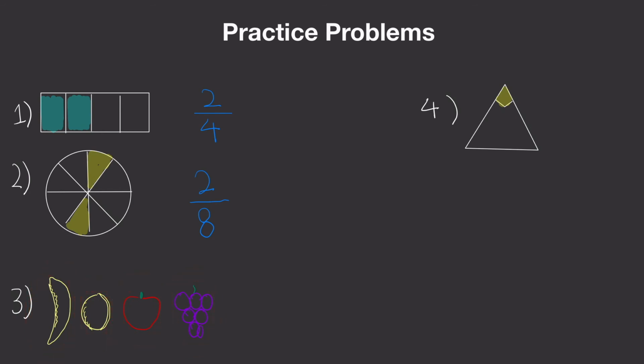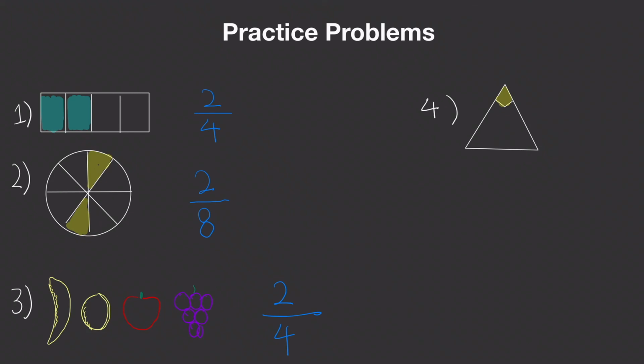So if we were to find the fraction of the fruits that are yellow, we'll first find out how many fruits are yellow. So we can say that there are 2 fruits that are yellow. And we know that there are 4 fruits making up this whole group of fruits. So the denominator will be 4, and the number of yellow fruits out of these 4 fruits is 2. So it'll be 2/4.